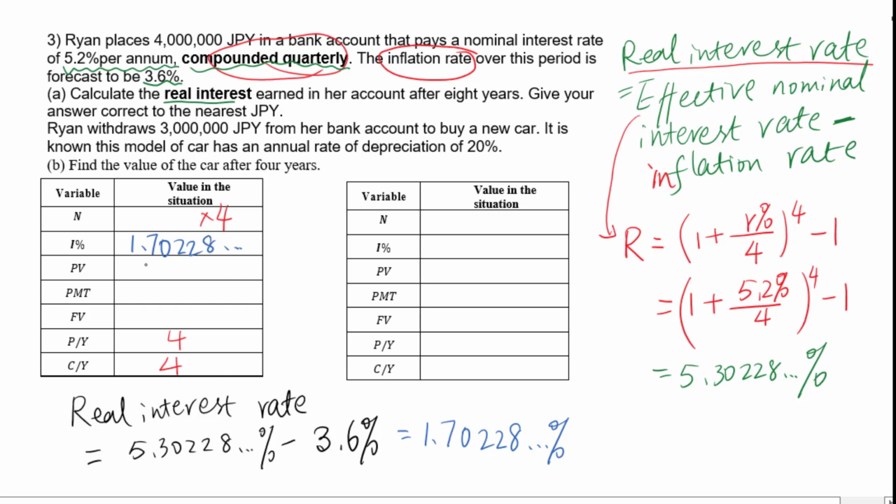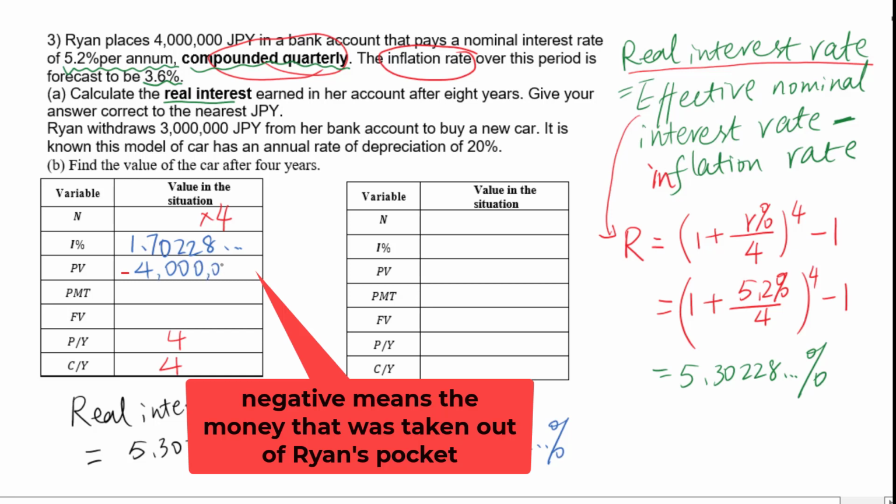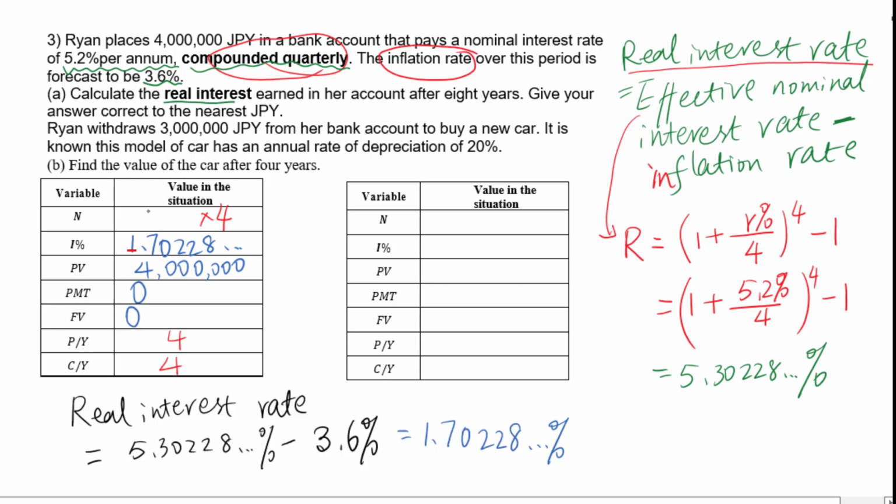Present value will be negative 4 million. Regular payment is 0. Future value is what we are looking for. Since we are looking for the real interest earned in her account after 8 years, capital N equals 8 times 4.